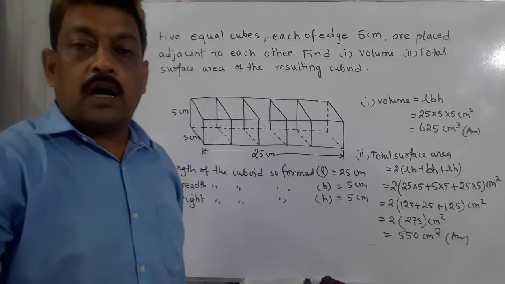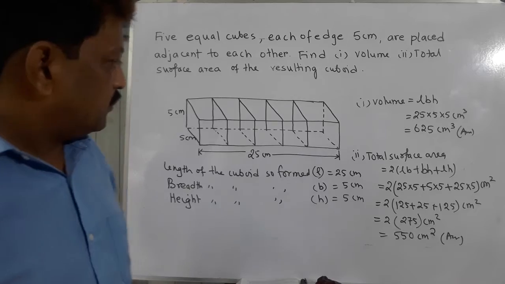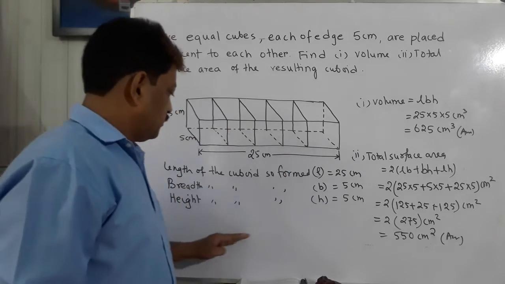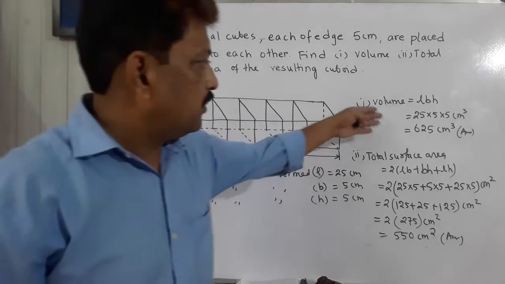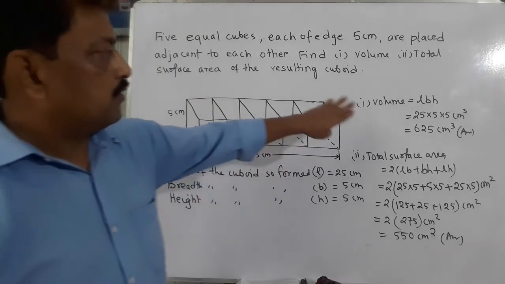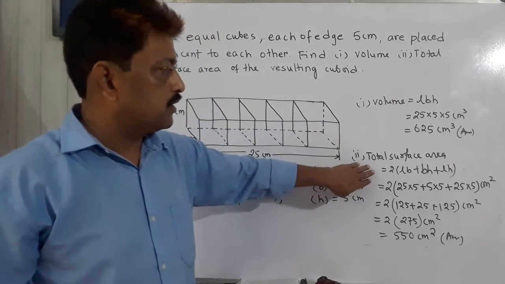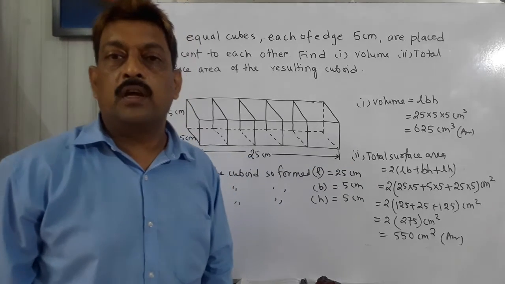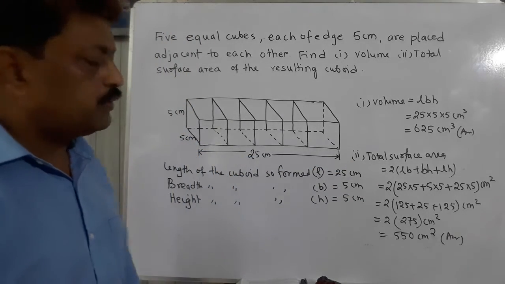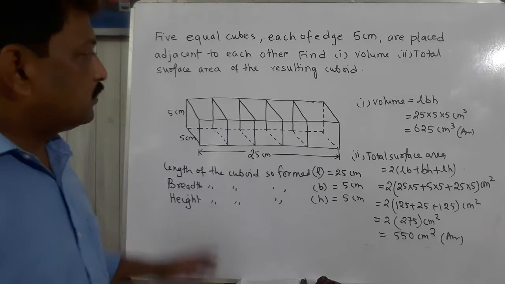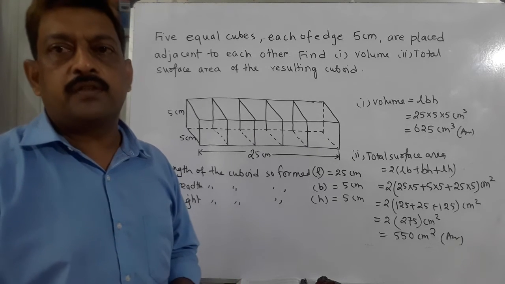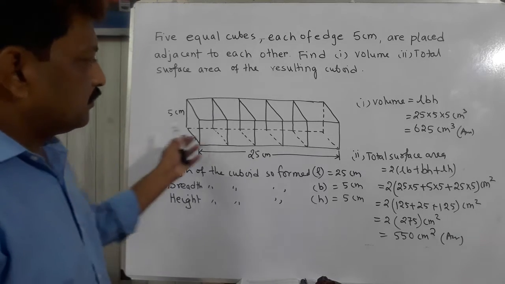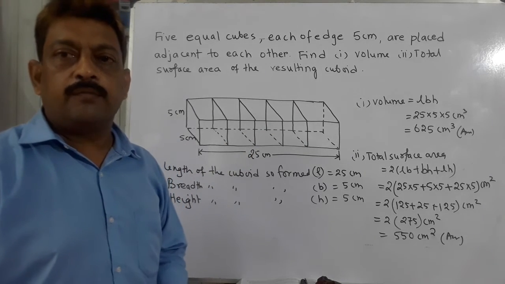So we have got the answer of both the questions. From the given information, we have calculated the length, the breadth and the height of the cuboid. Then using the formula, we can calculate the volume, and using the formula also, we can calculate the total surface area. Understood? So in this way, this type of sum where there is a transformation of shape taking place, we can solve the problem.